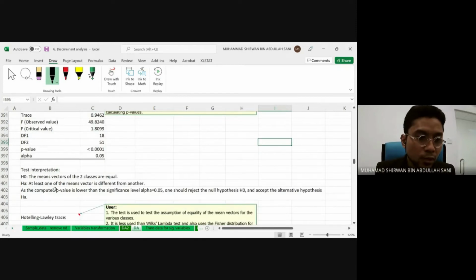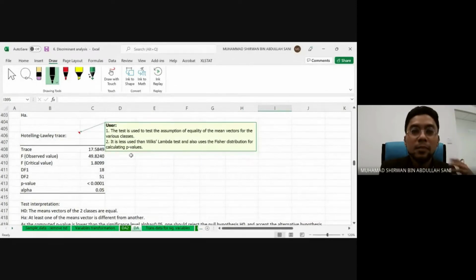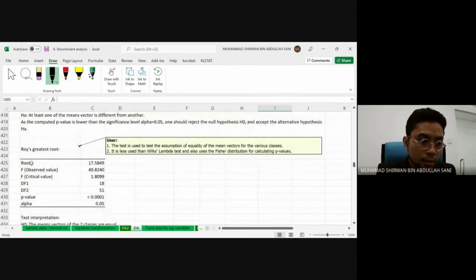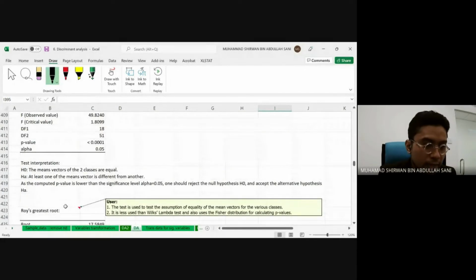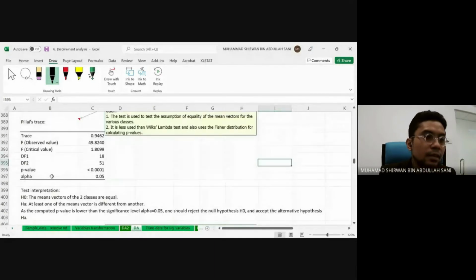Okay, so you can see the similar interpretation. And then we also have Hotelling-Lawley trace, same as the Wilks' lambda test earlier. Similar, the result is similar. Roy's greatest root, this test is used to test the assumption of equality. This one is also the same. So there are many, we see Roy's greatest root, Hotelling-Lawley trace, Pillai trace.